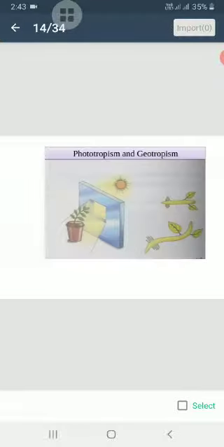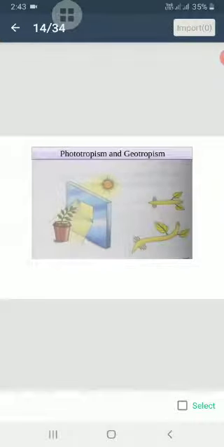You can keep a small potted plant near a window through which light can come in. After a few days, you will notice that the tip of the plant bends toward the direction from where the light is coming. This response of a plant to light is known as phototropism.